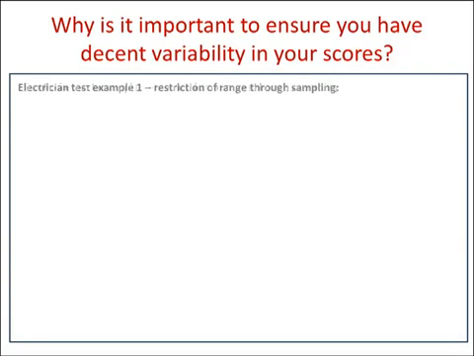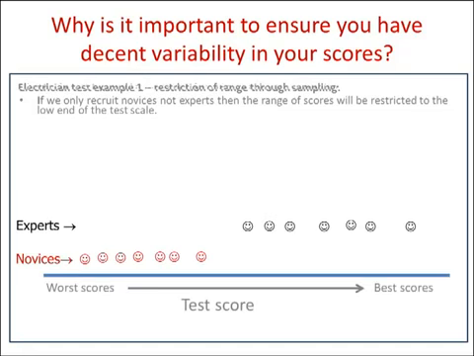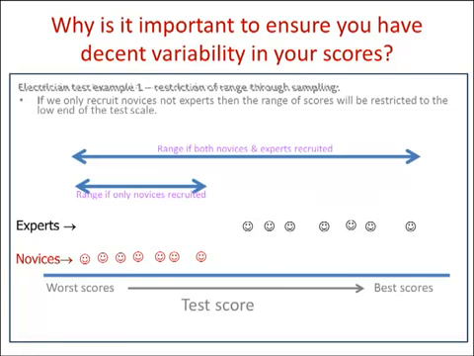Here's another example of restriction of range, this time because of our sampling. If we only recruited novices rather than experts, then the range of scores we would get would be restricted to that novice range. Here you can see the range of scores we would get if we only recruited the novice electricians, rather than if we recruited both novices and experts, where we get a much wider range.